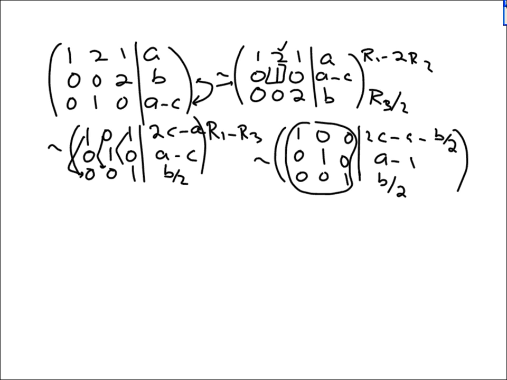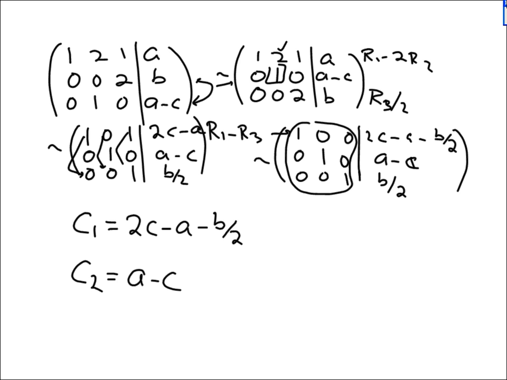They have to always be well defined. So we found from the first row that C1 is 2C minus A minus B over 2. And C2 is going to be A take away C. And C3 is just going to be B over 2.